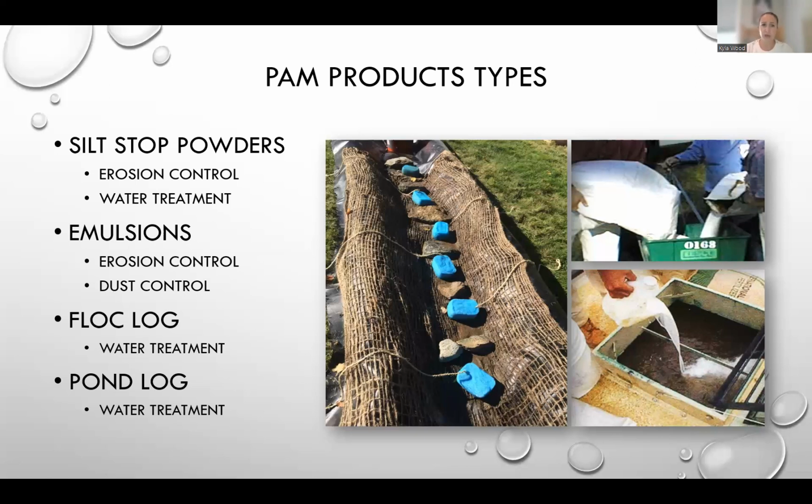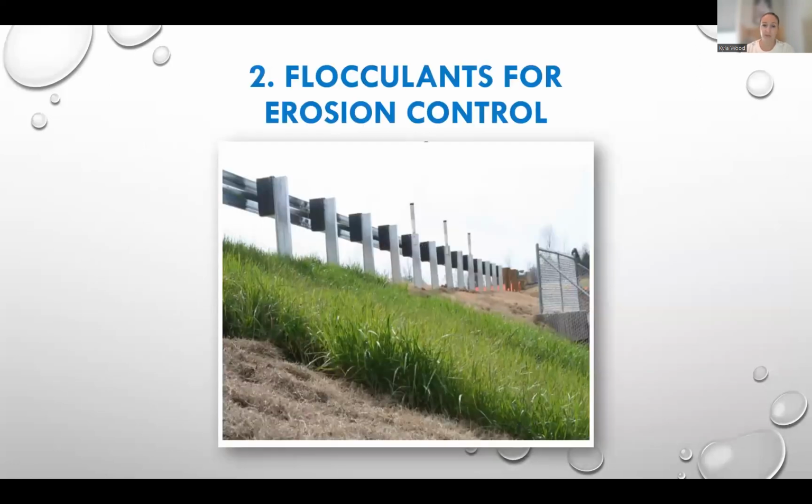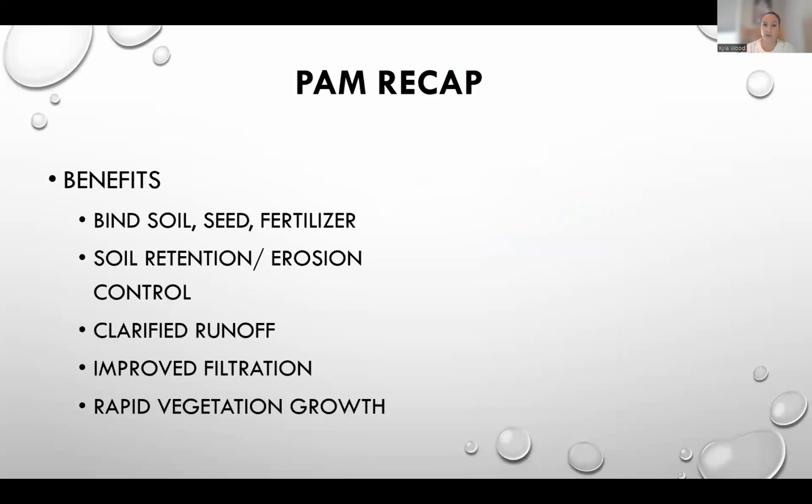So those are the primary types of PAM products that we have, and again, as I mentioned, they're used for different types of applications. So we're going to go ahead and start with looking at some of the applications of the PAM for erosion control, for holding dust and soil particles on site to prevent erosion and turbid runoff.